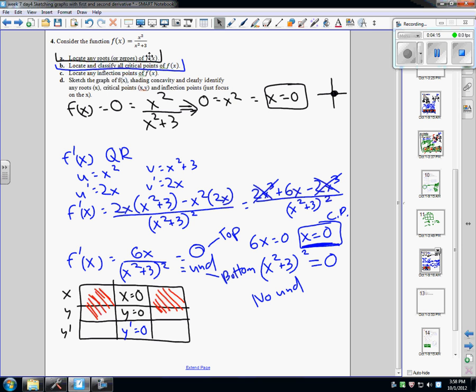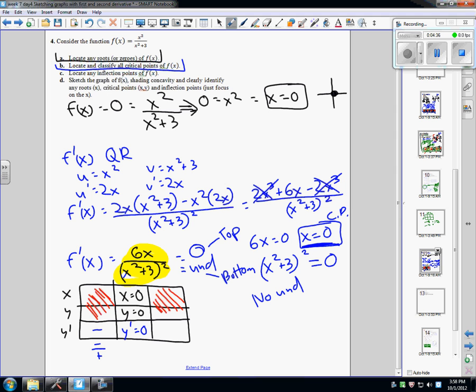I would focus on this guy for checking out my signs. Notice anything on the bottom squared is positive, so I only need to really worry about the top part. Anything less than 0 would be a negative over a positive. That's a negative.